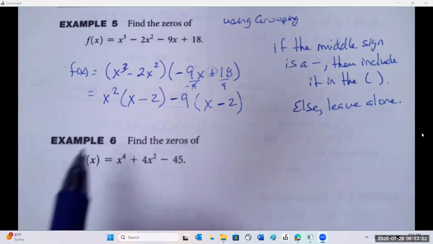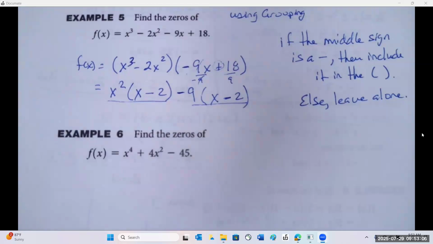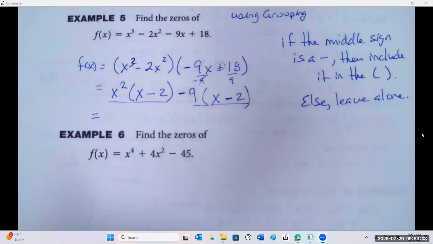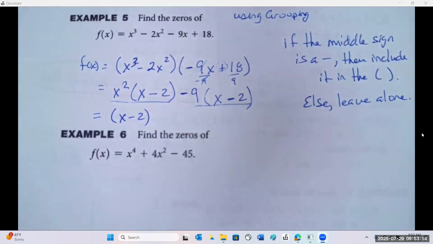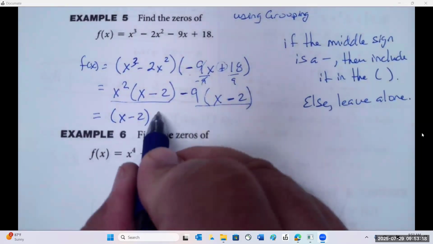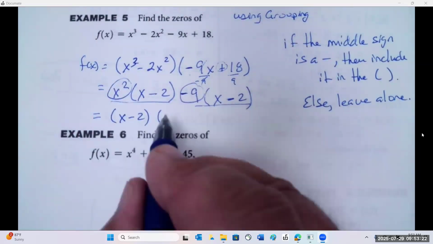Repeat the process. Now we only have 2 terms. What do they have in common? They both have an x minus 2. So if I take out the x minus 2, what do I have left? I have the x squared minus 9.